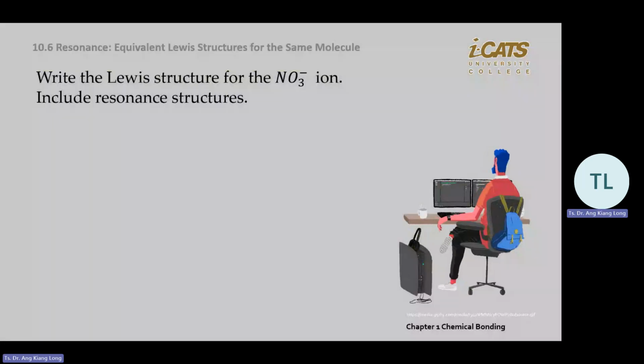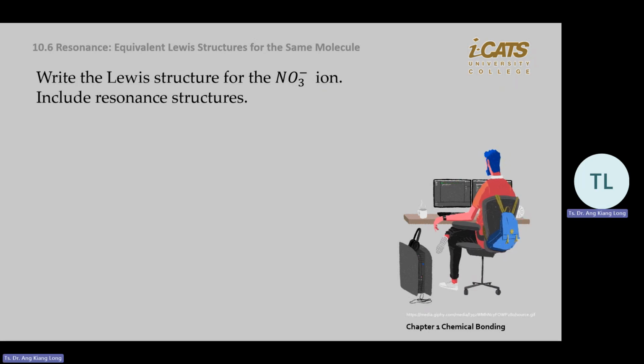For example, the question will be like this line: write the Lewis structures for the ion, including their resonance structures. It asks you to do the same 4 steps. At the end, we want to see the double arrow in your answer. So this section just adds the understanding of resonance structures, meaning more than 1 Lewis structure, then you add in the double arrow.